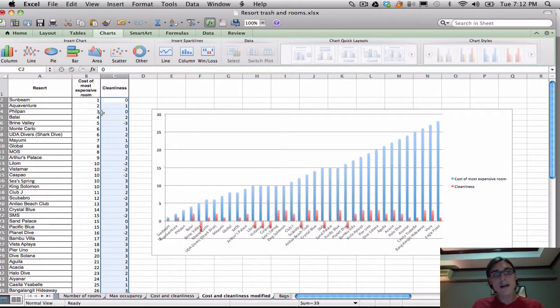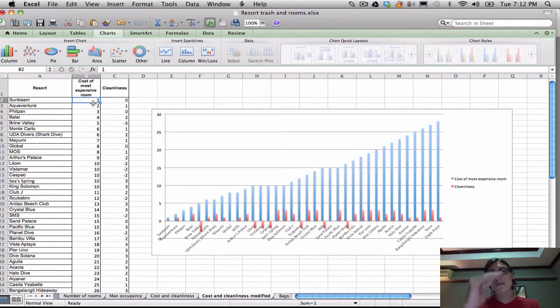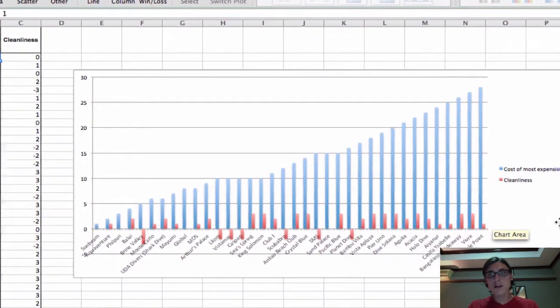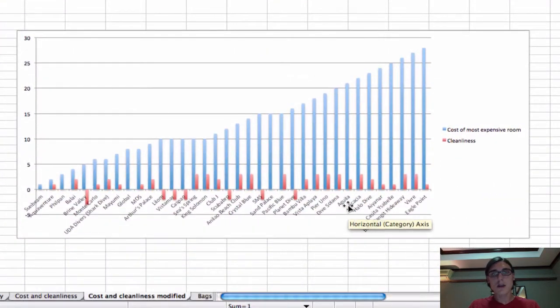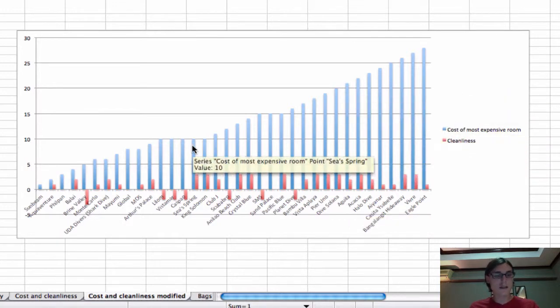I modified the data to show that the least expensive resort would get the number 1, and then all the way on down to the most expensive resort with the highest number, to show the difference between the resorts. And when I created my graph, it actually produced a much clearer, much easier to read representation of the overall cost of the room compared to the cleanliness.